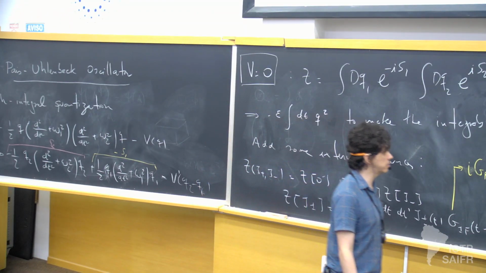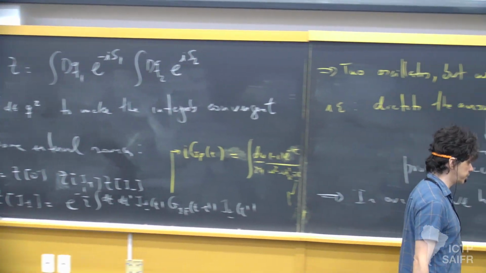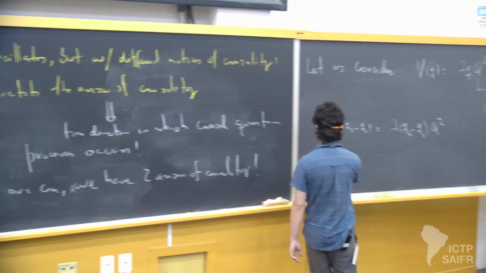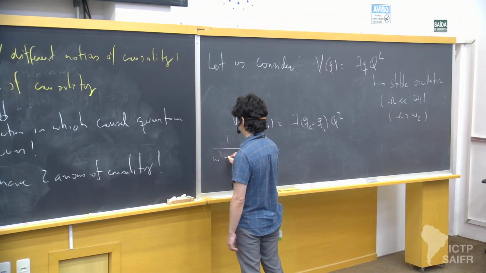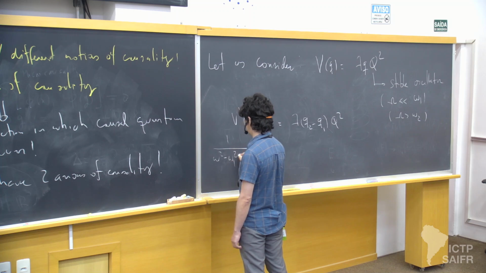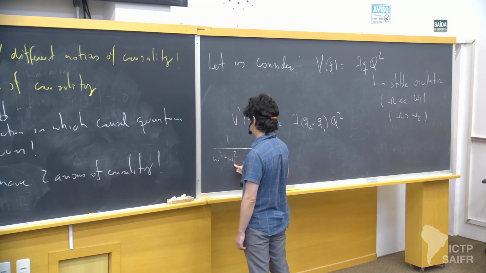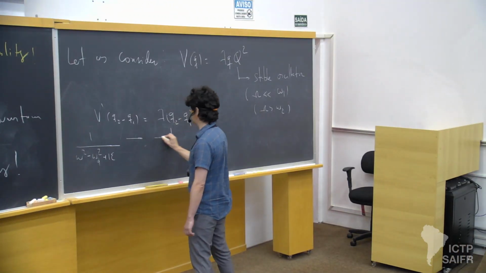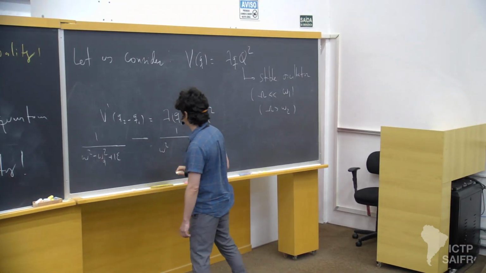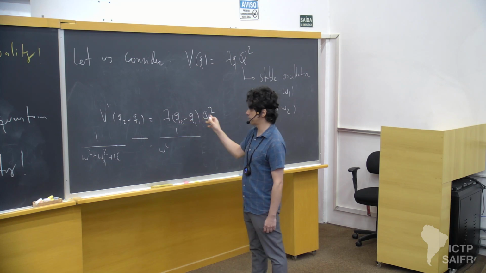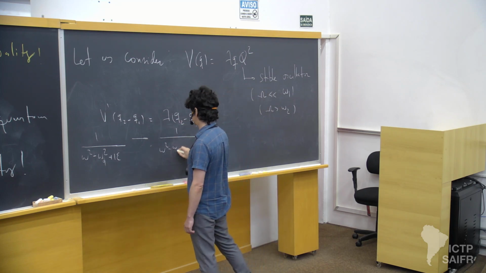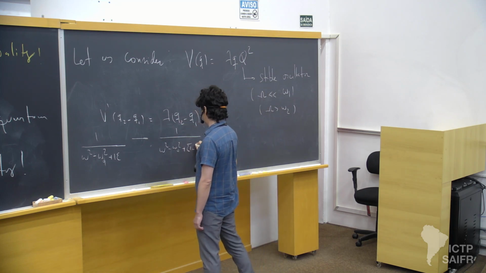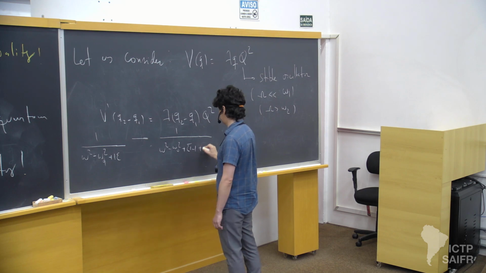So your propagator is actually going to be written, instead of working with something like that, let's just call it in this way. This propagator will be corrected due to interactions with this new oscillator, with something that you can call a self-energy correction, right?